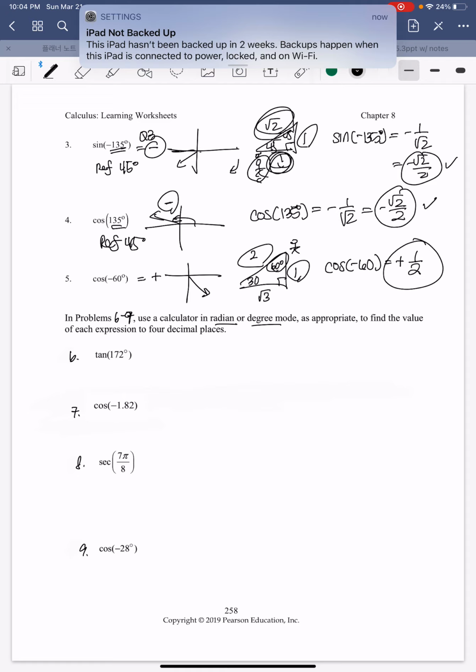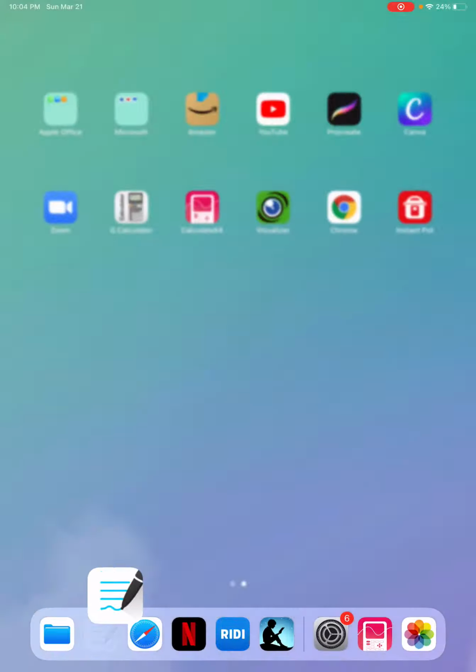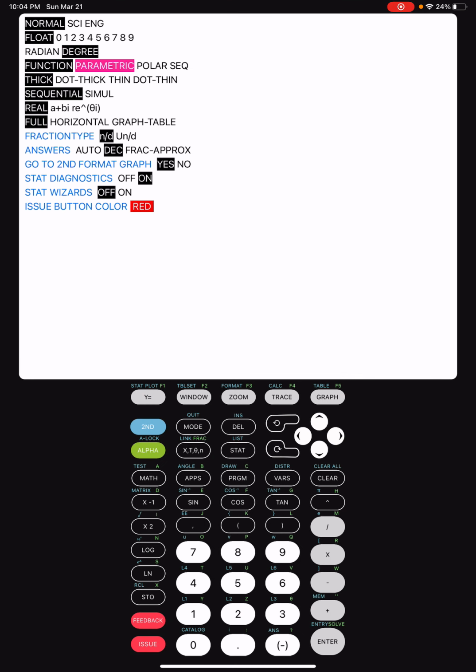So the first one is tangent 172. Now you can see that's degrees because you have a degree symbol. So let's make sure that we have degree mode to start. So mode, yes, we are in degree right there.